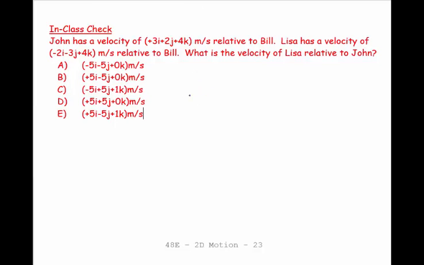Let's imagine that we have John, and we have Lisa, and we have Bill. And it says that John has a velocity of that relative to Bill. So there's an arrow going from Bill to John, and we can say 3i + 2j + 4k meters per second.